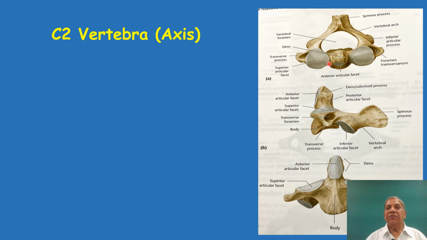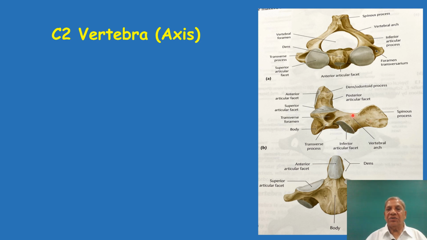Then he will ask what are the two facets which are seen. You say that it is the superior articular facet, which forms the atlantoaxial joint with the two inferior articular facets of the atlas vertebra. Then he will ask what are the structures on its inferior surface. You can say that on the inferior surface there is a body and then the two inferior articular facets.